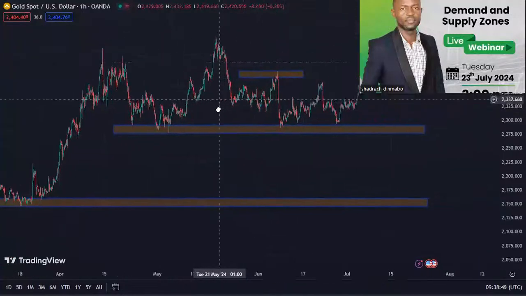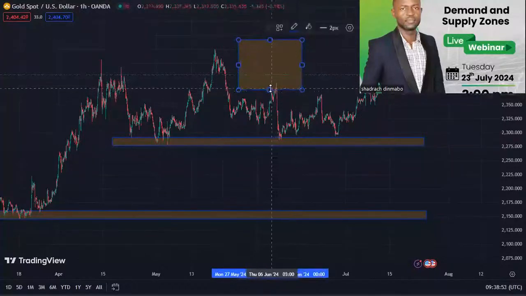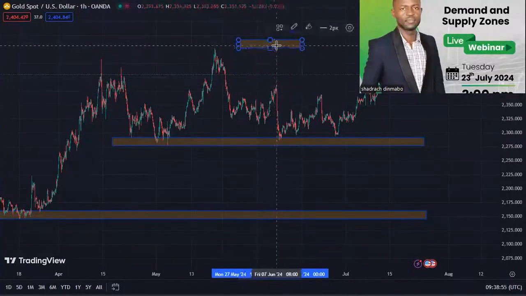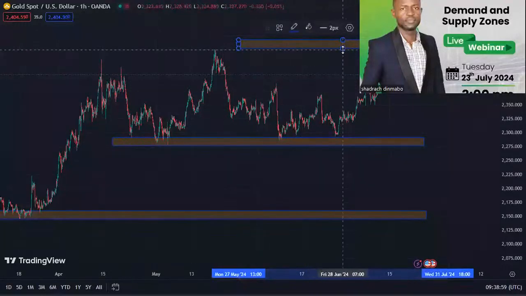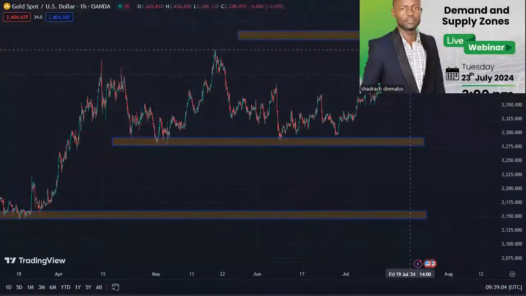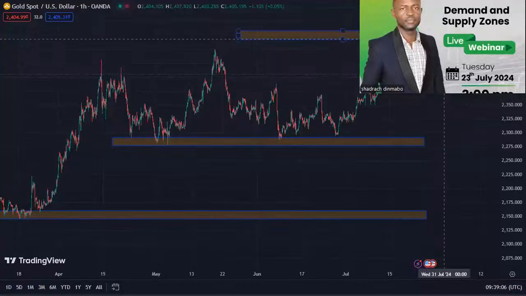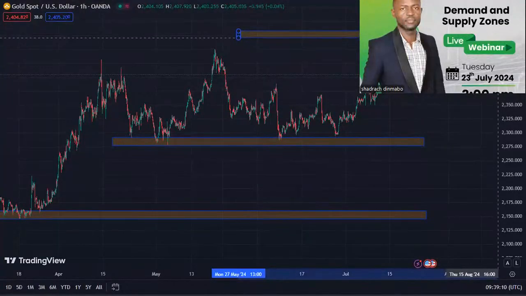Just hold on, let me shift the chart. Let's take it off from here. Okay, so that's it. This point becomes another valid zone that has not been broken.